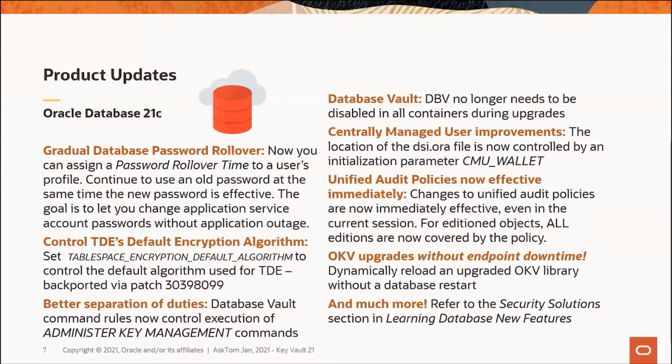Another great new feature in 21c is the ability to set a default encryption algorithm at the database level. Up until 21c, if you created a tablespace and didn't specify an encryption algorithm, we would use the standard default, which is AES 128. A lot of people have a different standard. They want their encryption to be AES 192 or AES 256.